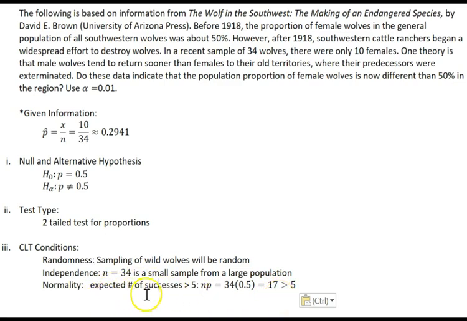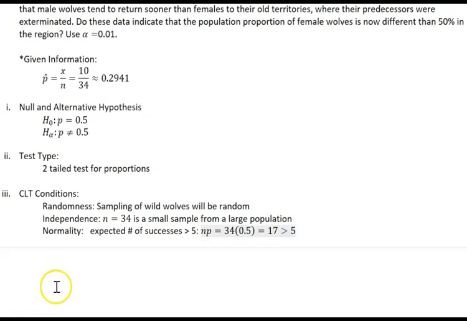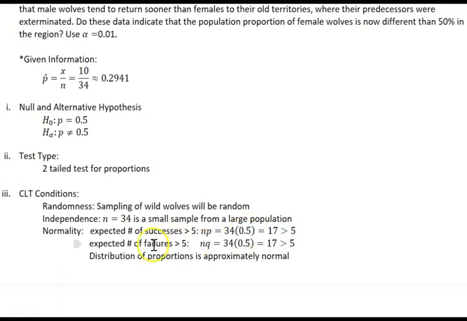That would be my expected number of failures. Both of those are more than 5. So my distribution of proportions is approximately normal at this point.